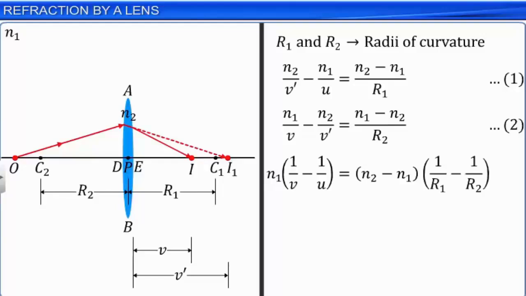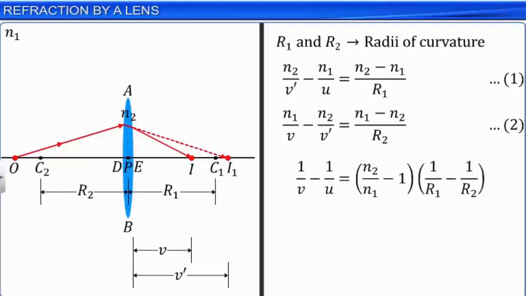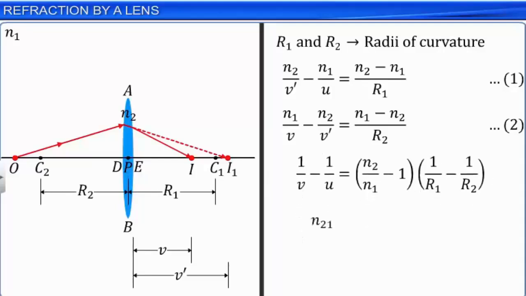If the object is at infinity, the image will be formed at the second principal focus. That means, if U is equal to infinity, then V is equal to focal length f. Therefore, equation 3 can be written as 1 by f is equal to N21 minus 1 into 1 by R1 minus 1 by R2. Let this be equation 4.